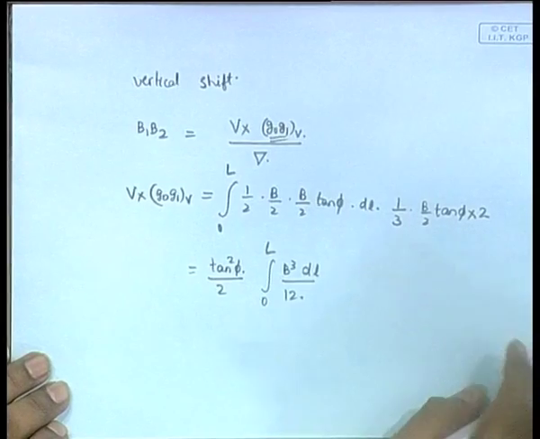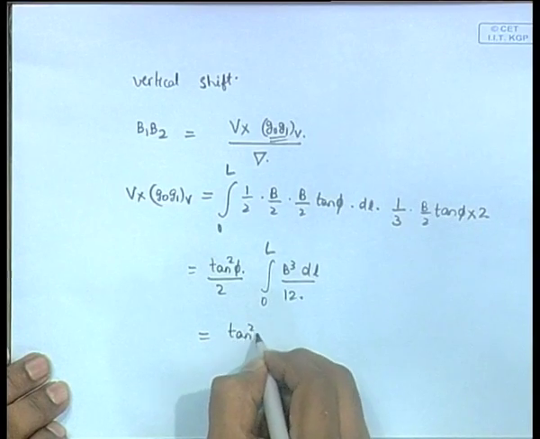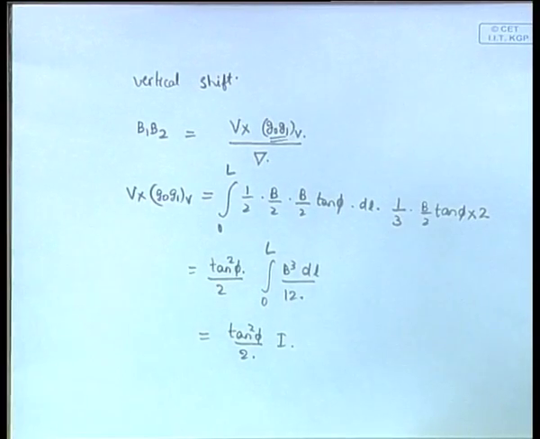Then this is equal to tan square phi by 2 into I, where b cube dl by 12 we know is the moment of inertia.